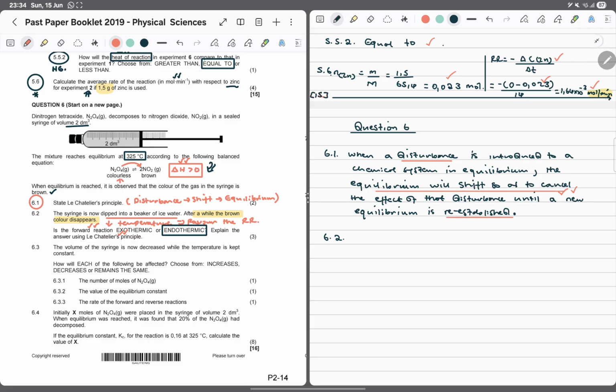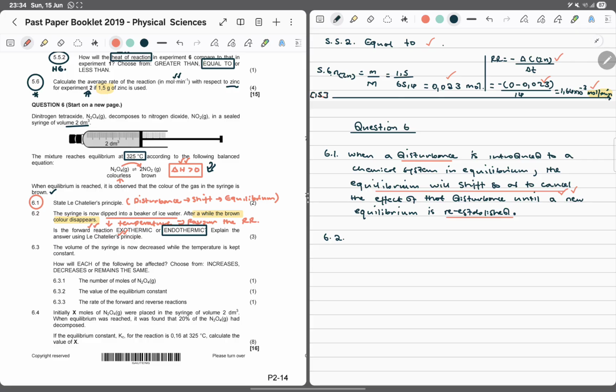So again, an argument using Le Chatelier's principle is in this manner. Three things: the disturbance and its influence that we notice. And therefore, we talk about Le Chatelier. What does Le Chatelier tell us? So the second bullet should be about Le Chatelier's principle. This time we don't need to restate it nicely, or even place the reference to say according to Le Chatelier, but that's what it means.